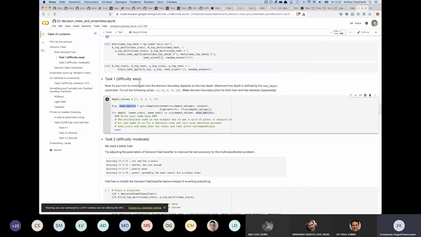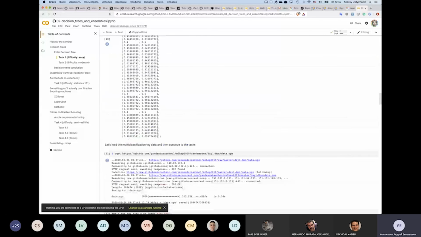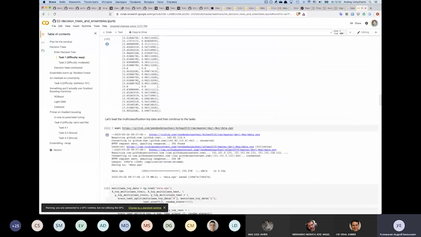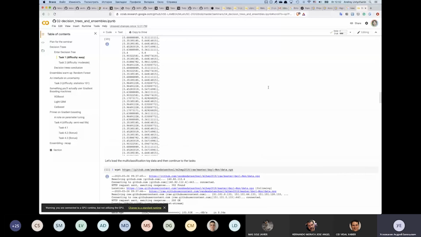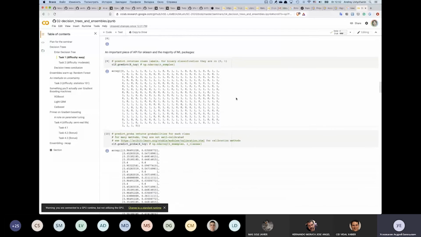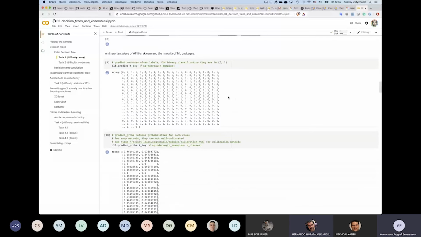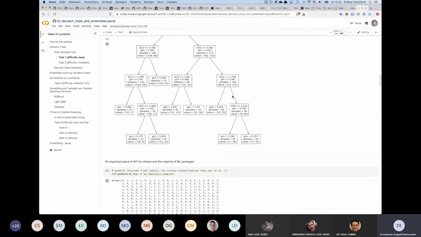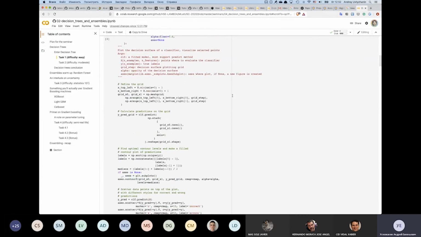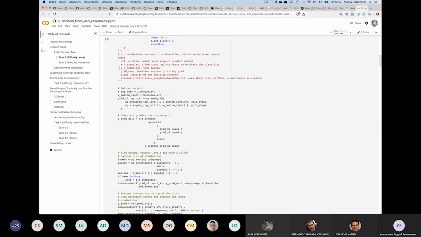One of the arguments that you give to the plot decision surface function takes axis, which is a space where you can plot your figure.